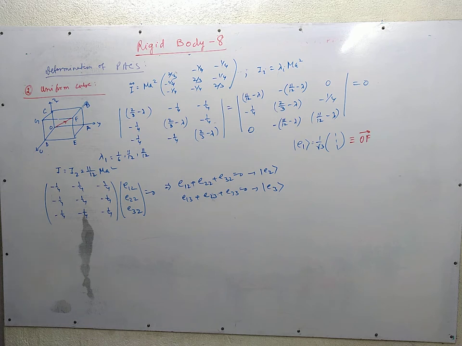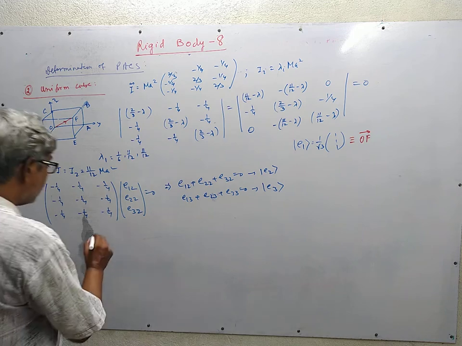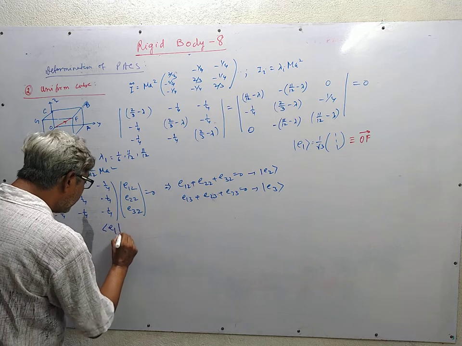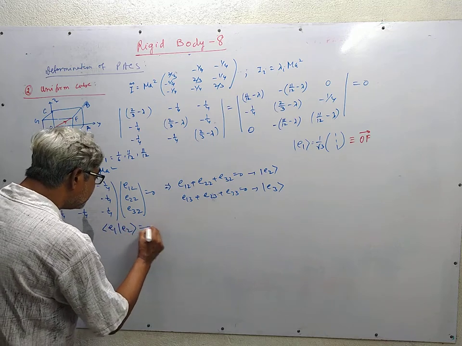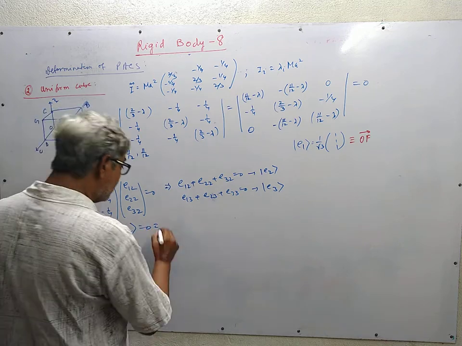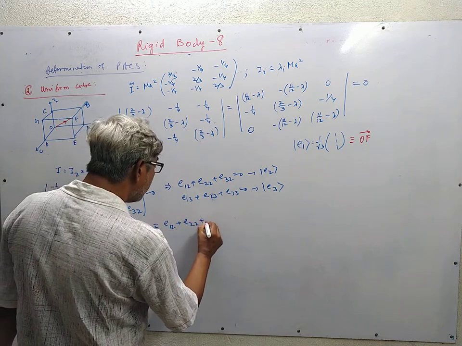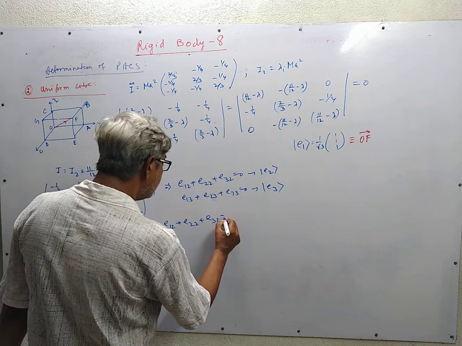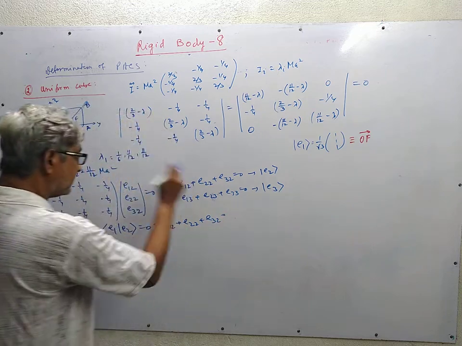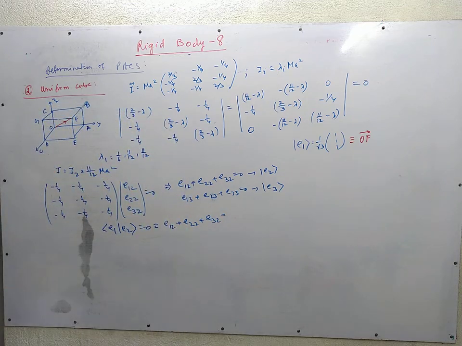The way out is that we know that the eigenvectors E1, E2, E3 are perpendicular to each other. When we write E1 dot E2 is equal to 0, this comes out to be E12 plus E22 plus E32, which is nothing but this. So this does not give us any new information.